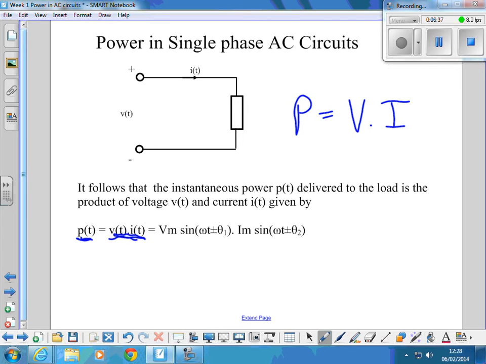So if we want to know the instantaneous power at any moment in time, we multiply the instantaneous voltage by the instantaneous current using that formula, and we can find out what power is being drawn or used by that circuit at any moment in time.